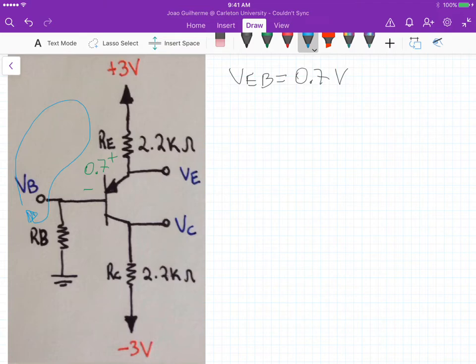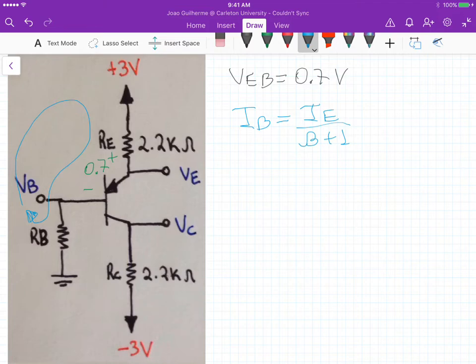With that loop analysis, we can define either the base current or the emitter current, considering that for active mode operation, the current at the base is equal to the current at the emitter divided by beta plus 1. We know this relationship from our assumption that the BJT is operating in the active mode region.